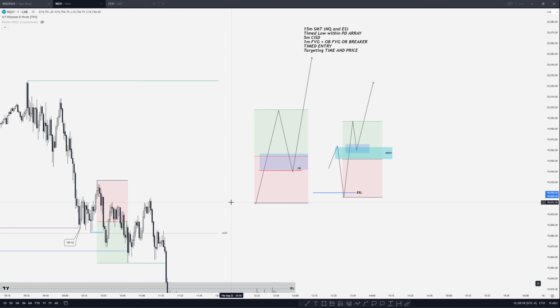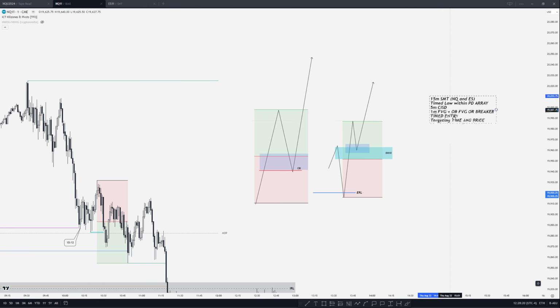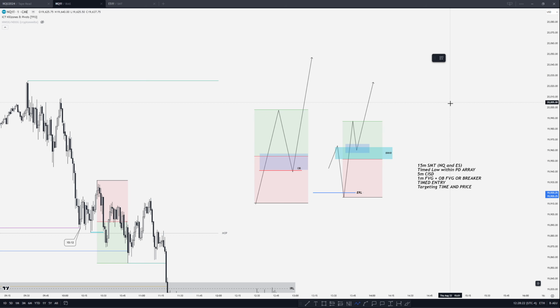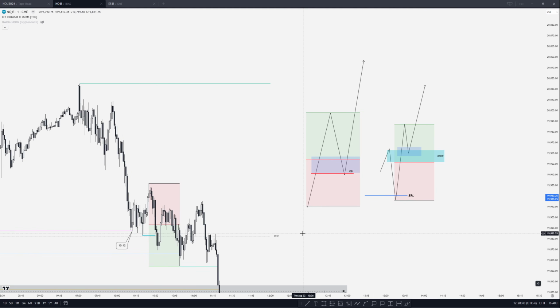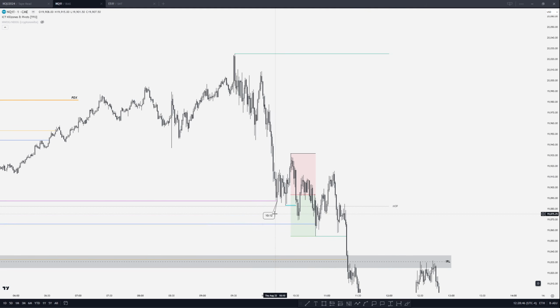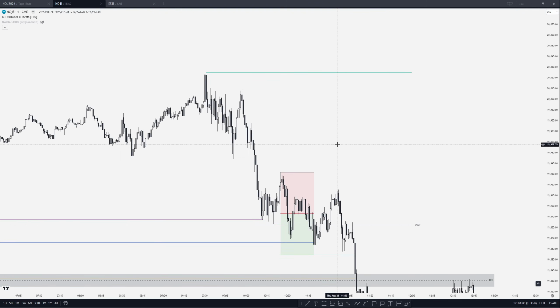An entry checklist is good and all, but it is subsequent to everything else: the whole other analysis, every other important part, and then into the entry. So bias, narrative, seeing confirmations that we're likely to do the things. Then we look at the entry, and the entry is robotic. If we don't get this, this, this, and this, then I'm not looking to enter. It should be a flow chart.